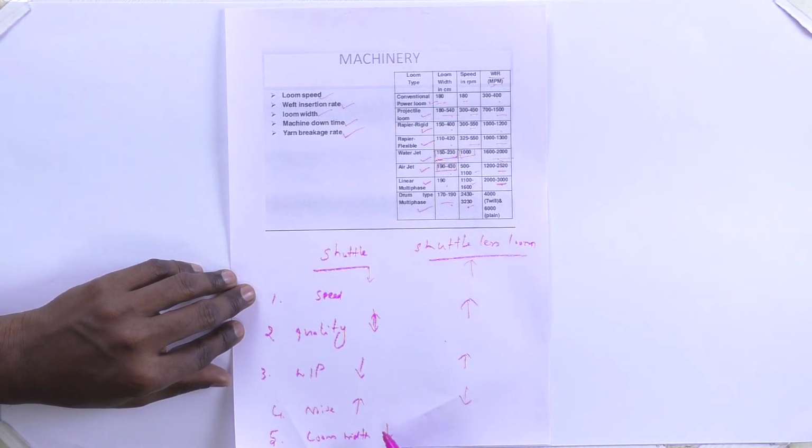The high weight of the shuttle requires more power and it can be controlled only for a limited width of fabric. So up to 180 centimeter is possible in conventional loom, but in the case of shuttleless loom, the weft carrying element is very light, or air or water is used as a medium, so high width is possible.